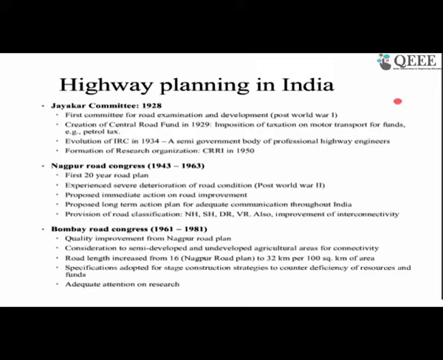They decide the total road length per 100 square kilometers in this case. In Nagpur earlier it was 16 kilometers per 100 square kilometers. Now it has doubled in the Bombay Road Congress. So they increased it to 32 kilometers per 100 square kilometers of area. This is how the road lengths are going to increase.